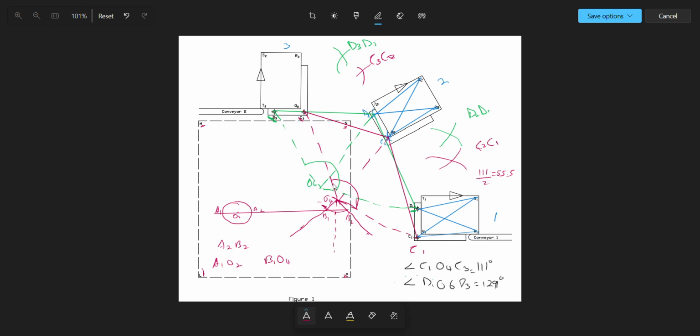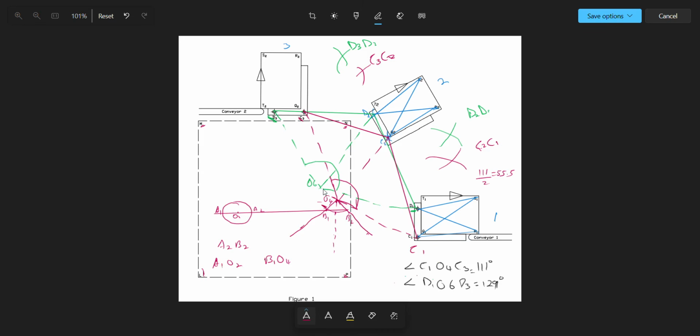But after doing the actual work, there will be a situation where O4 to C3 will intersect O6 to D3. And so when that happens, we are going to bend the length O4 to C3. We are going to bend it because that length should not, you see, there is a pivot.